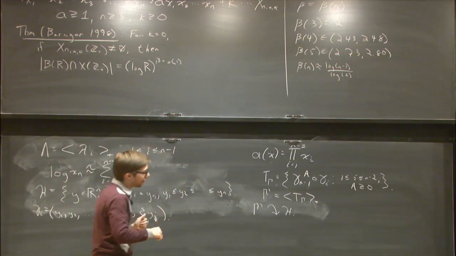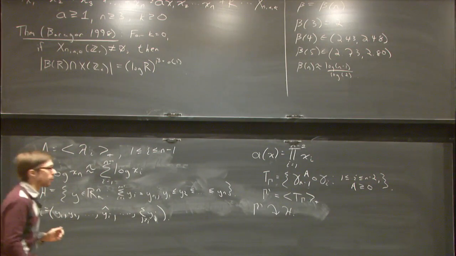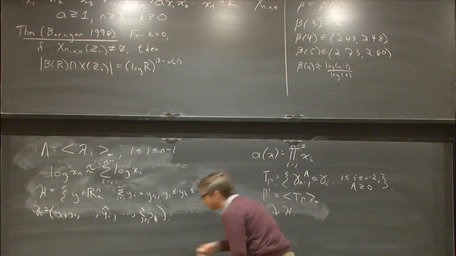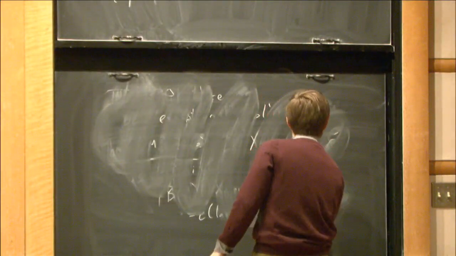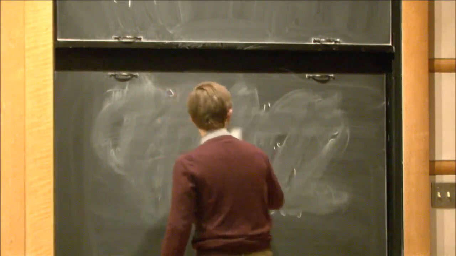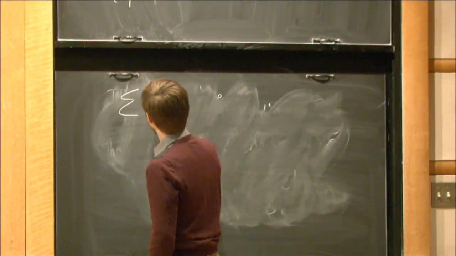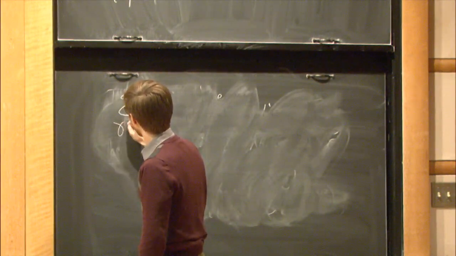OK, so we have this problem where what we are left with is we want to count. We have the sum of indicator functions, where I'm going to sum over all of the words in this semigroup gamma prime.